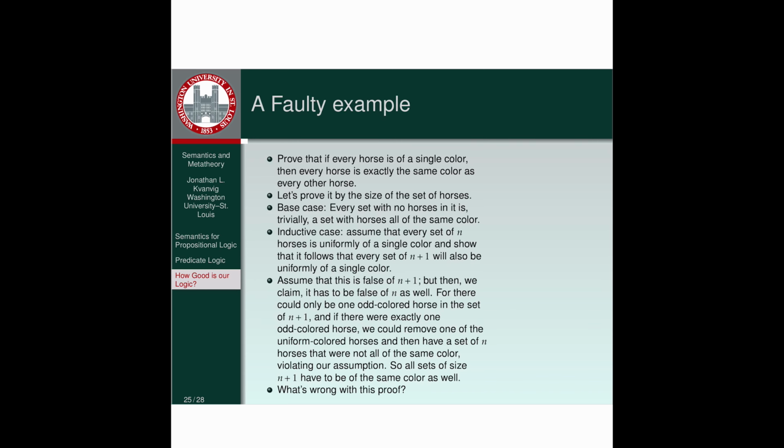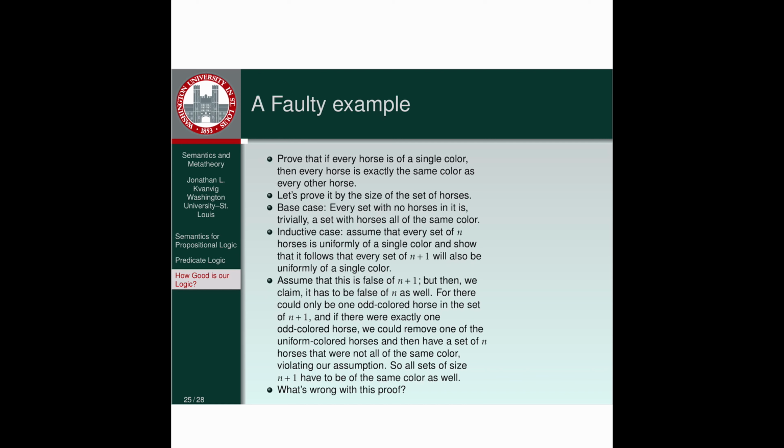Think about the smaller numbers, though. What about where n is 0? Well, it was trivially true that all sets of size 0 have horses of the same color, and it's also trivially true that all sets with exactly one horse in them will be sets of horses all of the same color. So both for 0 and 1 we get trivial results about horses being of the same color or not being of the same color.